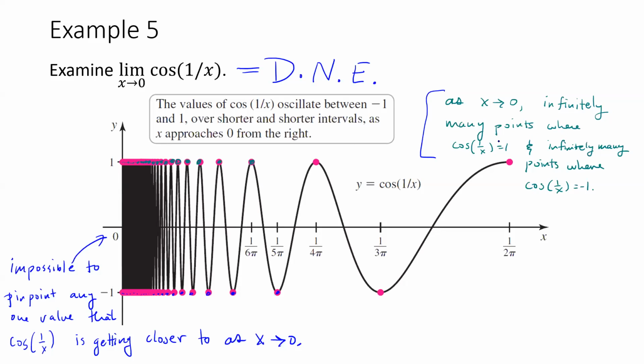In other words, if I can actually find all these infinitely many values of x that equal to 1 and infinitely many values of x that equal to -1, then that would be one way to show it, because then we know that there's no way you can have it approach any one particular value as x approaches 0.